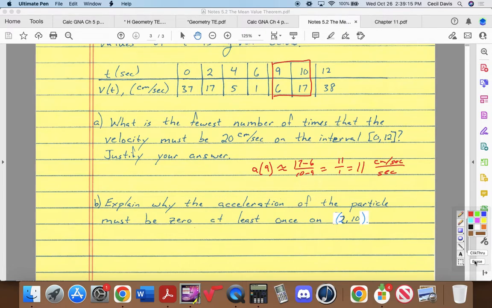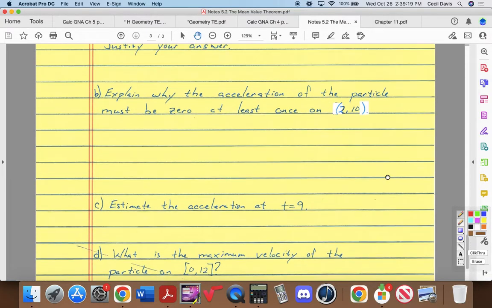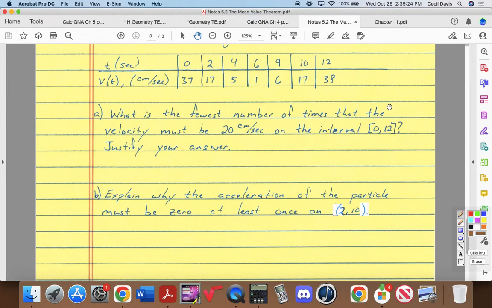All right, what's the last question on this? Is this the one? Yeah, what's the maximum velocity of the particle on the interval from 0 to 12? Yeah, you fell for it. I put it on there so that I hope that someone falls for it every year. And they do. At least one person every year falls for it. We don't know.